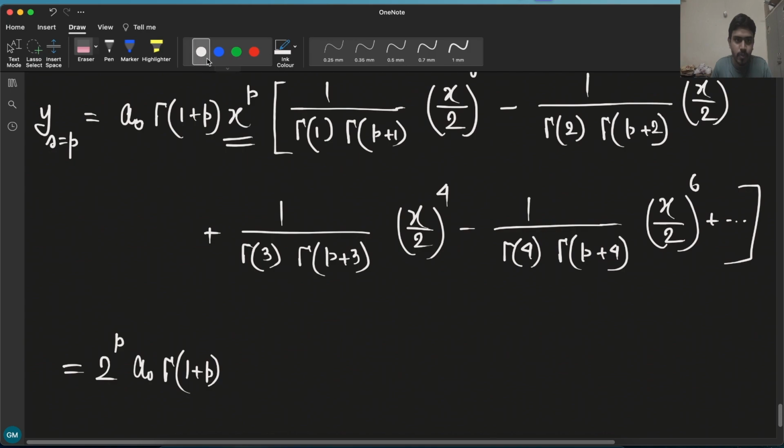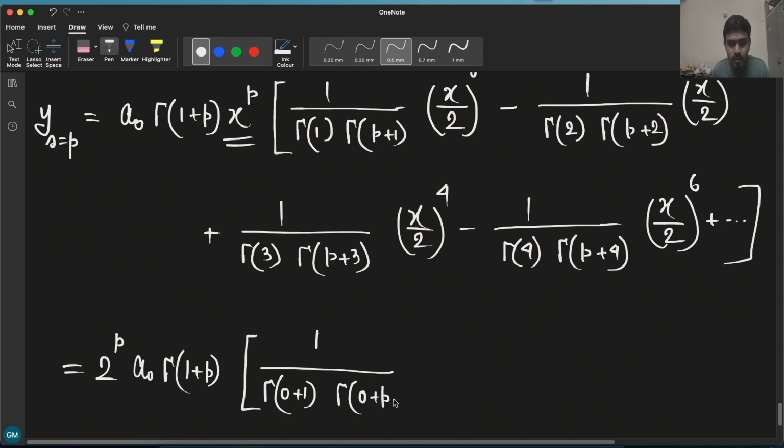So then it will be 1 divided by, instead of gamma 1 I will write gamma 0 plus 1 times gamma of 0 plus p plus 1 times x by 2 whole to the power 2 times 0 plus p.